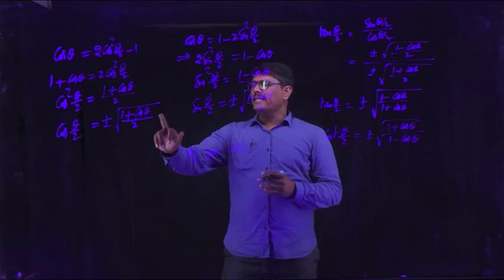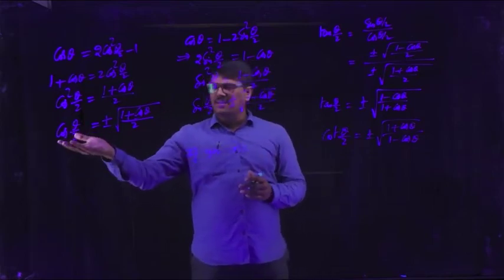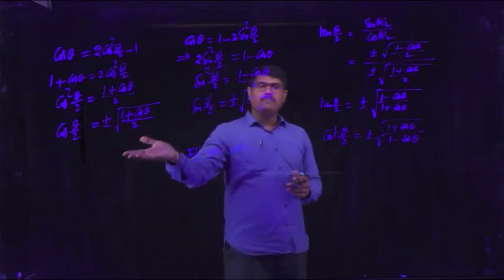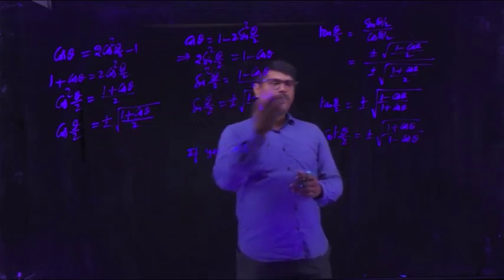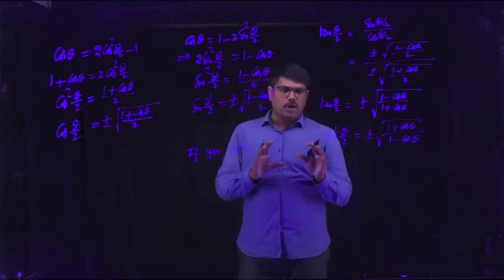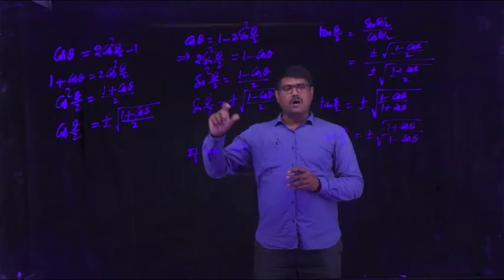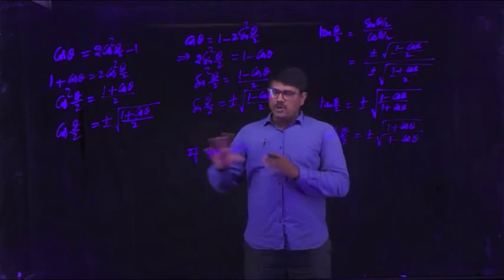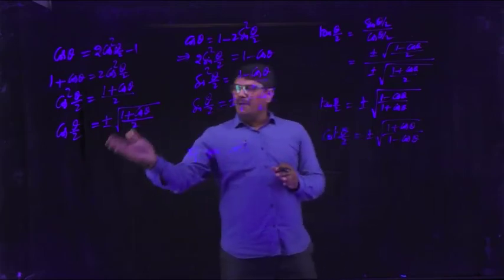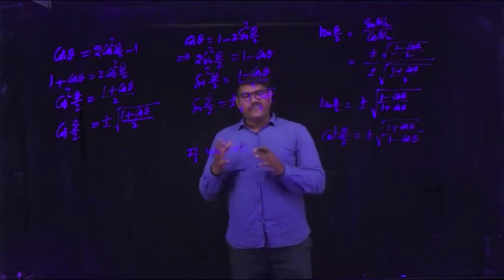So replacing theta with 30, what is 30 by 2? 15. So you will get the values of cos 15, sin 15, tan 15 and cot 15. Already we found the formulas of cos 15 degrees using compound angle formulas. So here also by using multiple and submultiple angle formulas you are able to find 15 degrees.